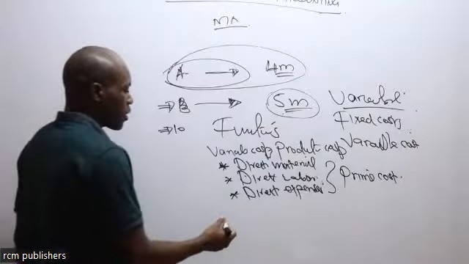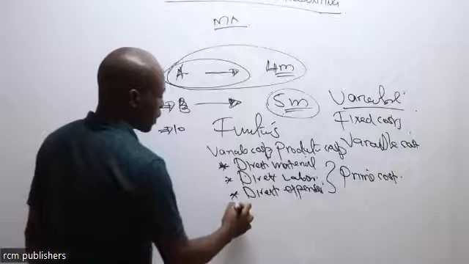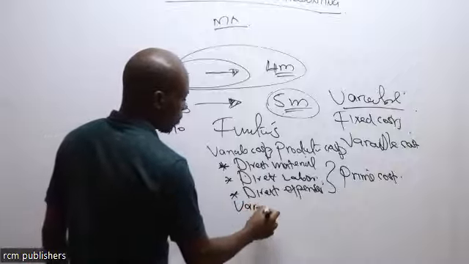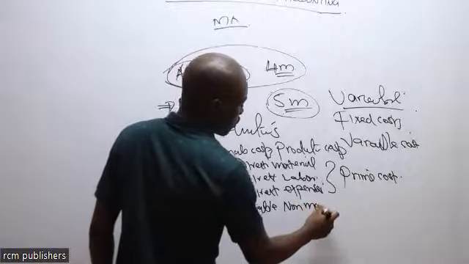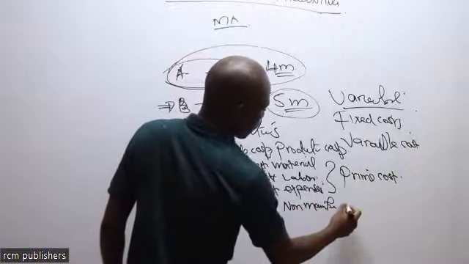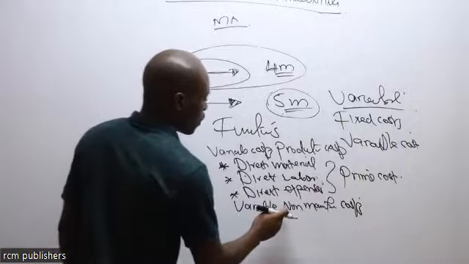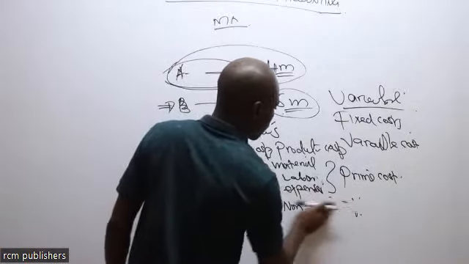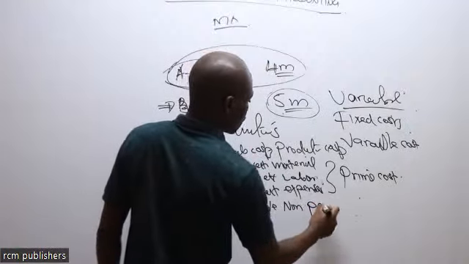Then we bring in another classification or category of variable cost, the variable non-manufacturing costs, or what we call variable production overhead.